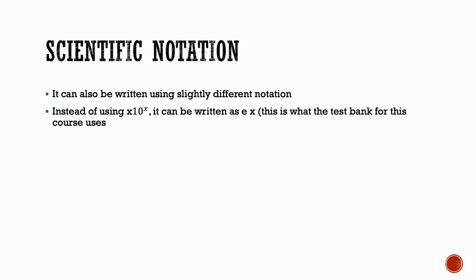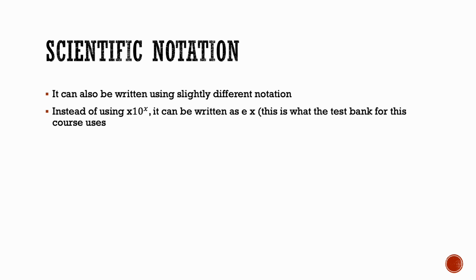That is what the test bank for this course uses. Also, you'll find some calculators use that. Some calculators will use a capital E instead. Keep in mind when you see this, that is not natural number e. It is just telling you it's a number times 10 to the power of whatever is after the e.